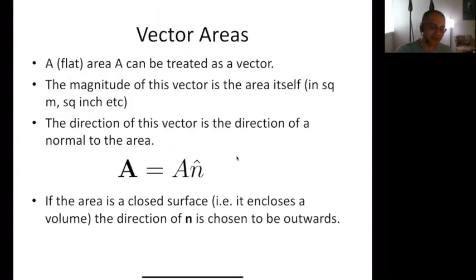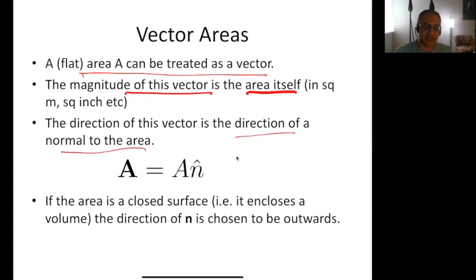So a flat area can be treated as a vector. The magnitude of this vector is the area itself, whatever square meters or square inches it is. The direction of the vector is the direction of a normal to that area. If you represent that direction with the unit vector n hat, the area vector becomes A times n hat.